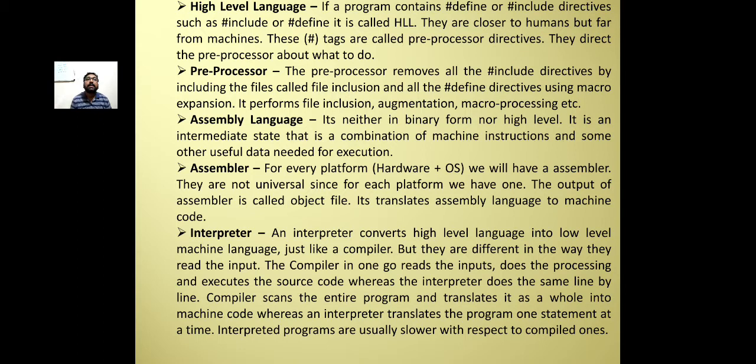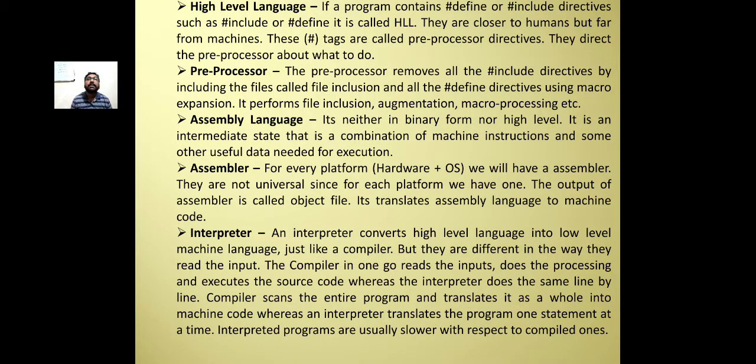High level language: if a program contains define or include directives, such as include or define, it is called a high level language, HLL. They are closer to humans but far from the machine. These tags are called preprocessor directives.